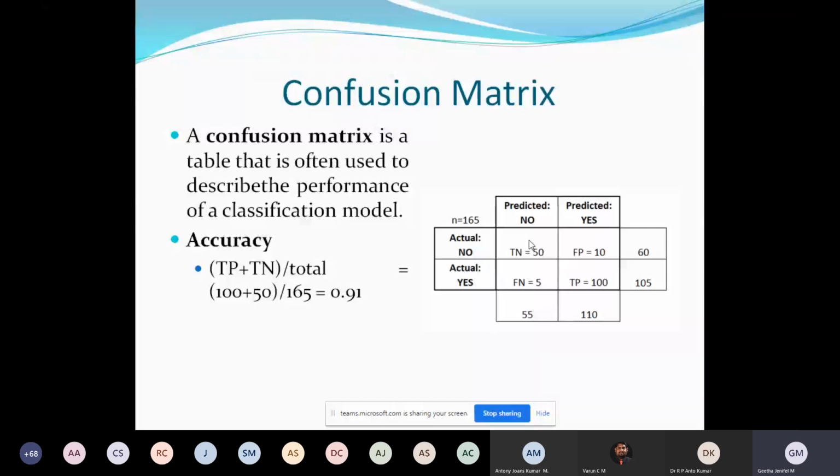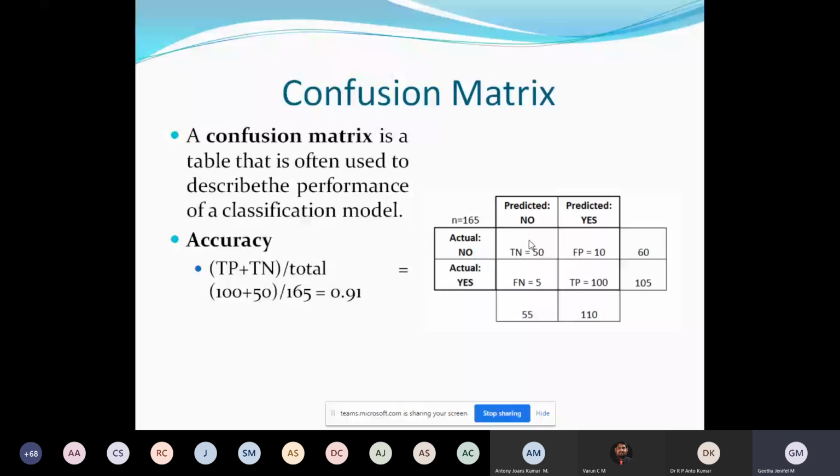The formula is true positive plus true negative, that is 100 plus 50, that is 150, divided by the total number of instances, that is 165, which is equal to 0.91. So the accuracy of this model is 0.91.